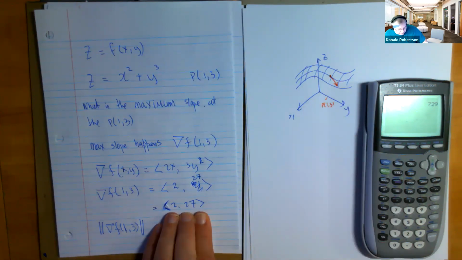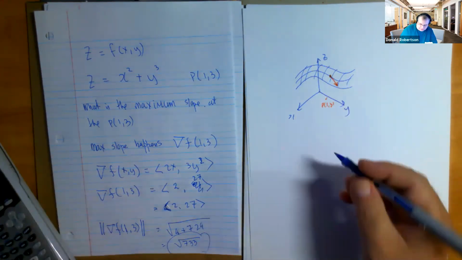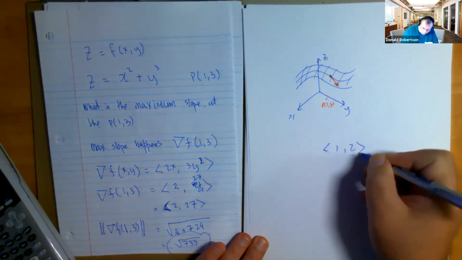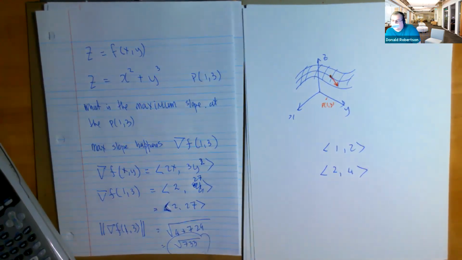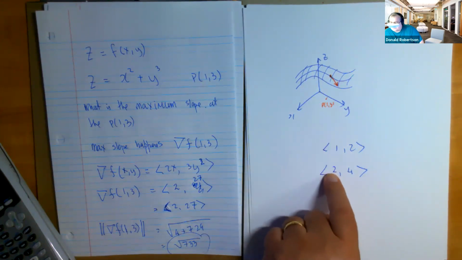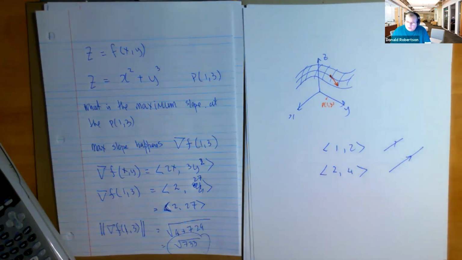It's not uncommon that we convert this into a unit vector. To give you an example, as you know from vectors, if I had a vector (1, 2), isn't (2, 4) the same direction, just twice as long? You agree that this vector and that vector are both pointing in the same direction?